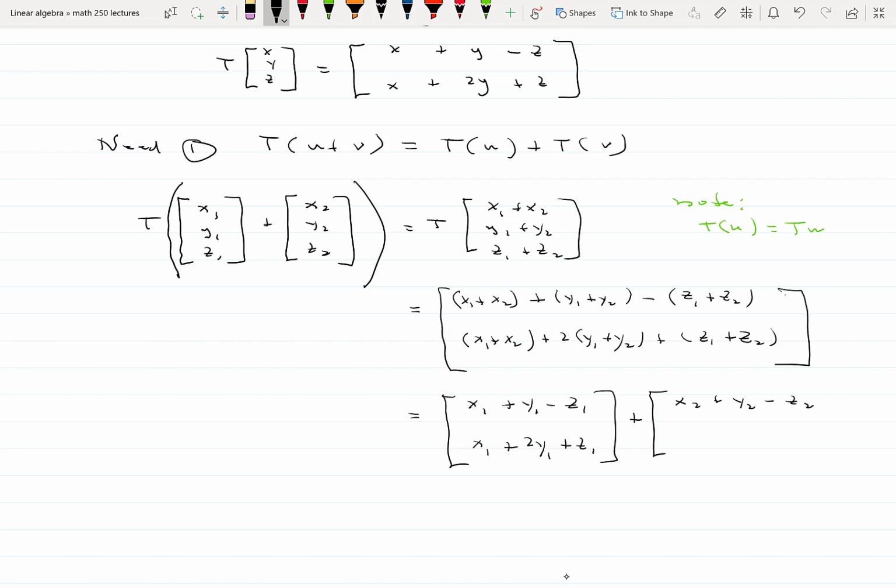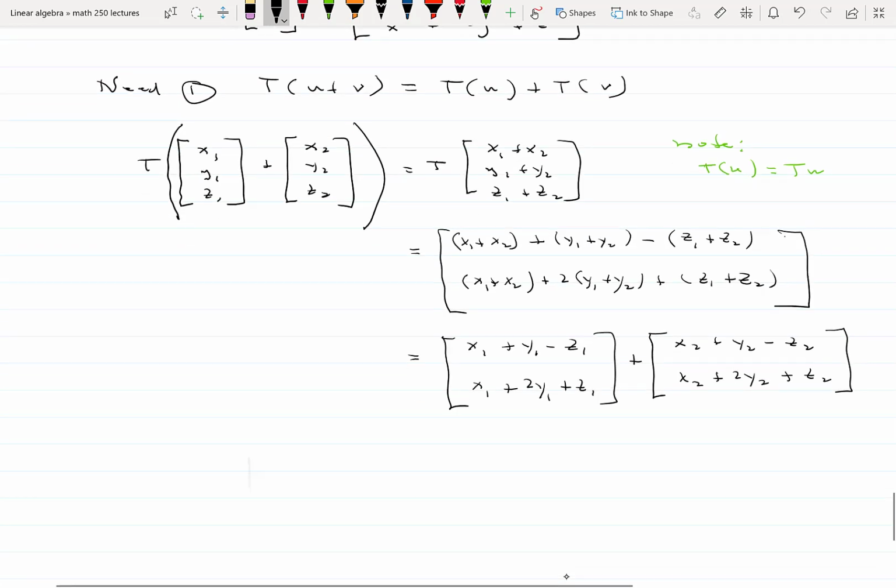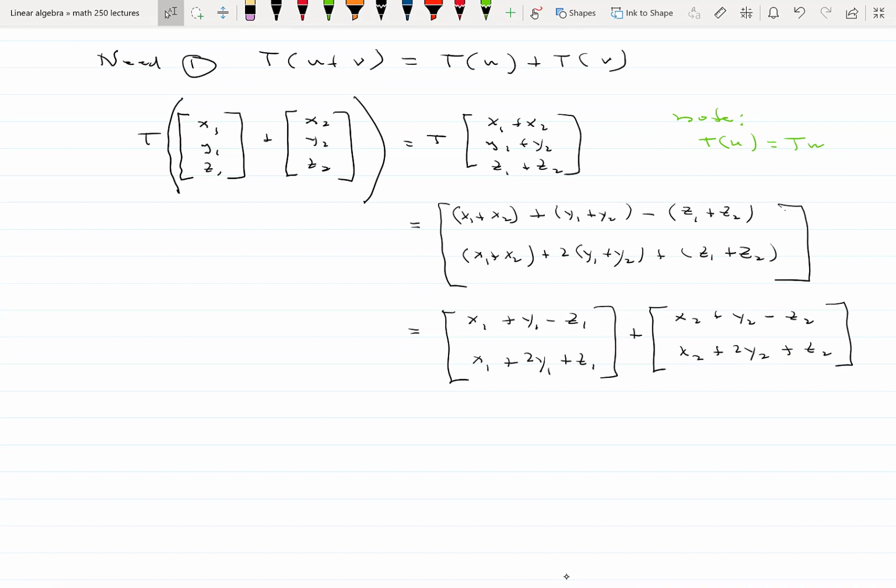This is after I've just gotten rid of the parentheses in the vector above, rearranged terms and grouped into the sum of two separate vectors, just using matrix operations that we familiarized ourselves with a very long time ago in this course.